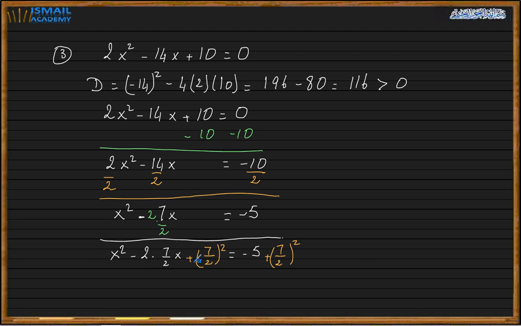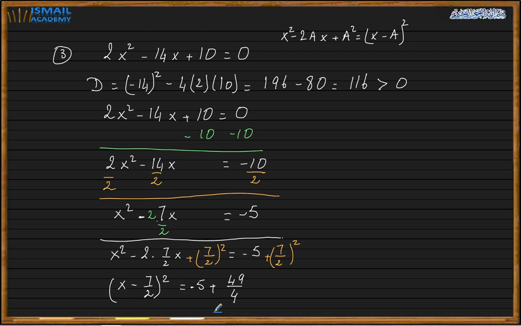Now I got my perfect square, so this is minus, so that means I will end up having x minus 7 over 2 squared equal minus 5 plus 49 over 4. So here, like I said, I use this property, x squared minus 2ax plus a squared is x minus a squared.